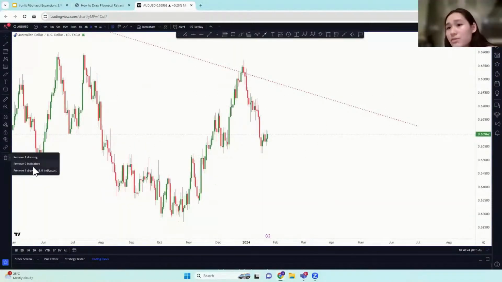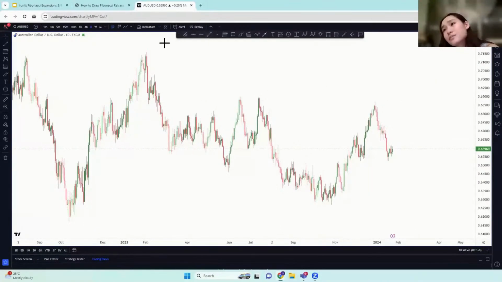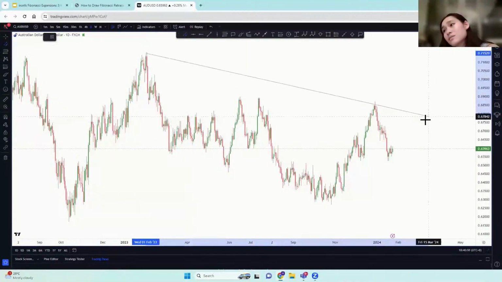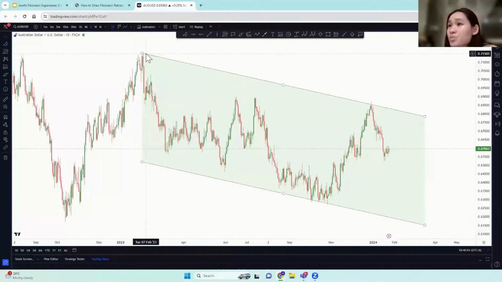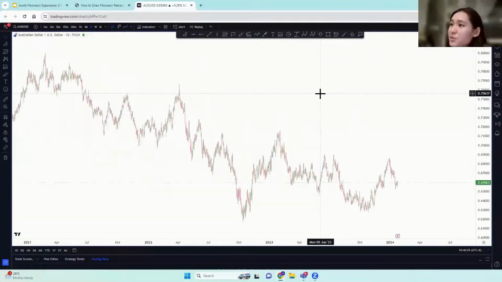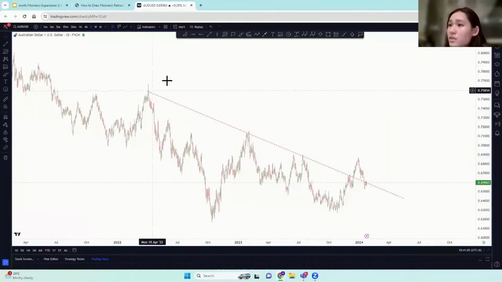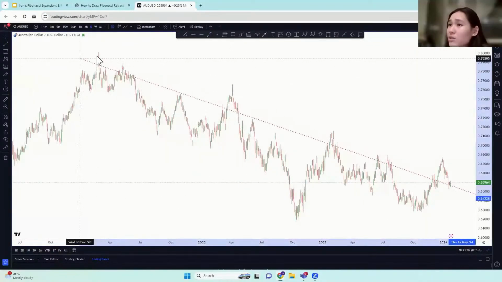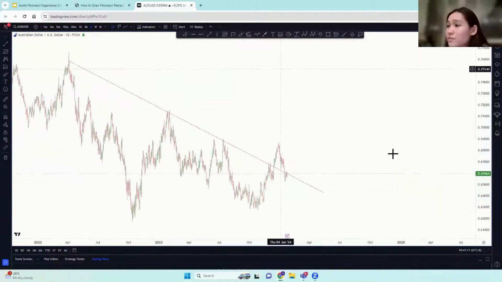On our daily time frame, it also looks kind of bearish, even though, oh, actually it's currently breaking out of this descending trend line.